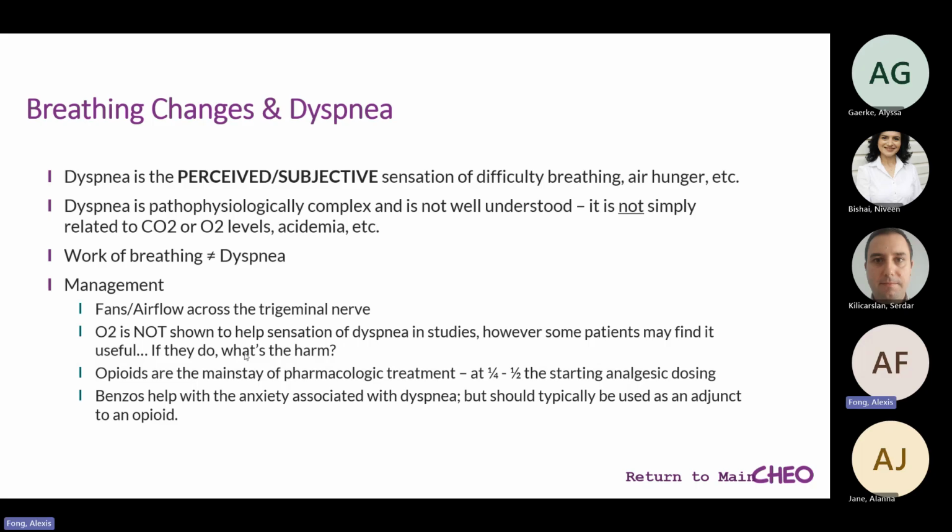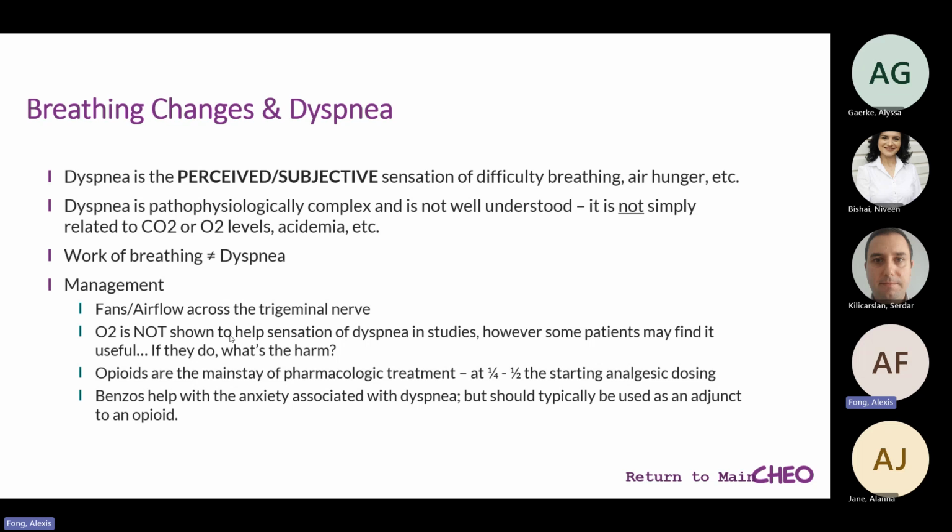I think this is the last one for lungs, and it is dyspnea. Dyspnea is the perceived or subjective sensation of difficulty breathing, air hunger, etc. It's really hard to define, pathophysiologically really complex, not well understood. It's not simply the level of CO2 or oxygen in the blood or acidemia, and it's not work of breathing.